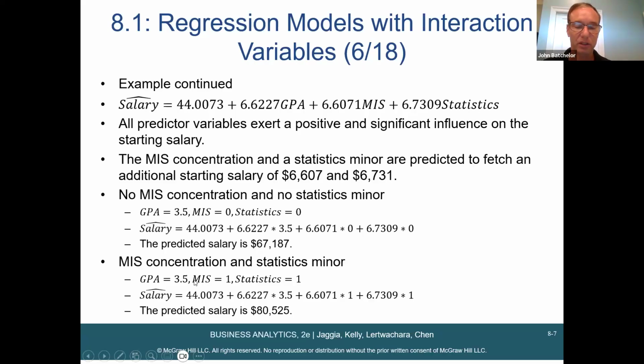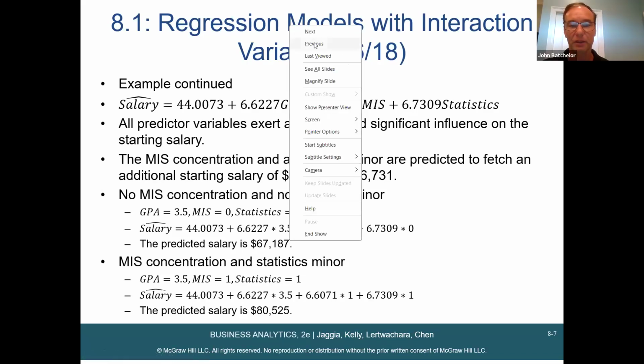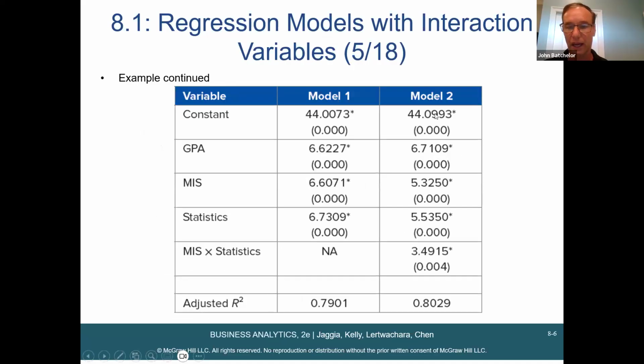The next one says we want to calculate for a 3.5 GPA somebody who's an MIS major and a statistics major. So again, going back to the output from regression, here's our intercept, and then here are the betas for everything we're going to put into that equation.